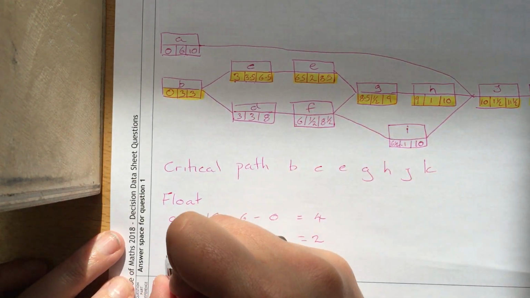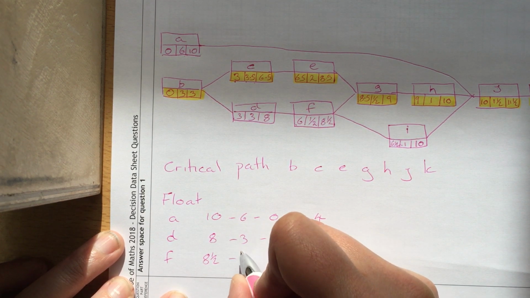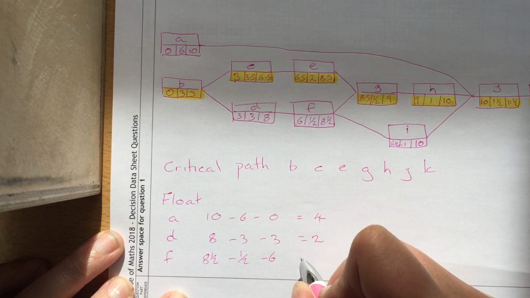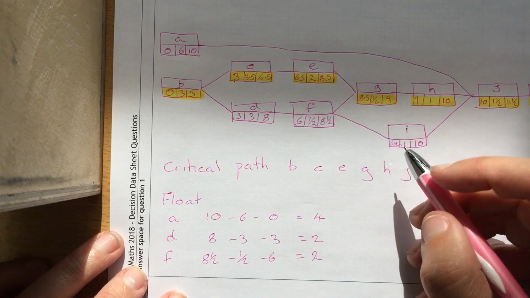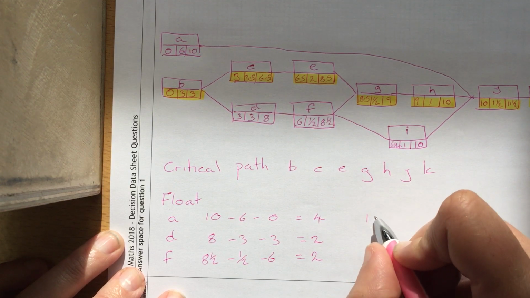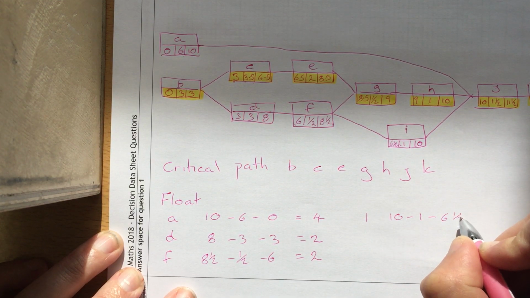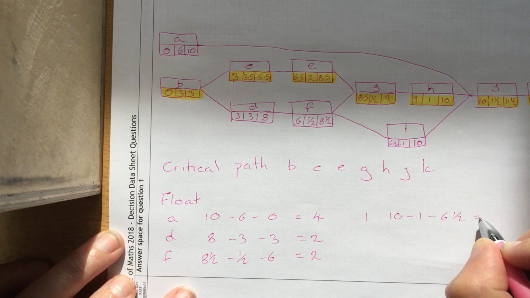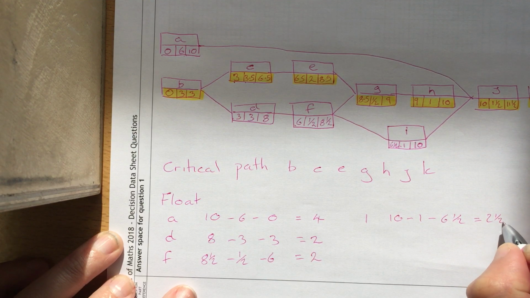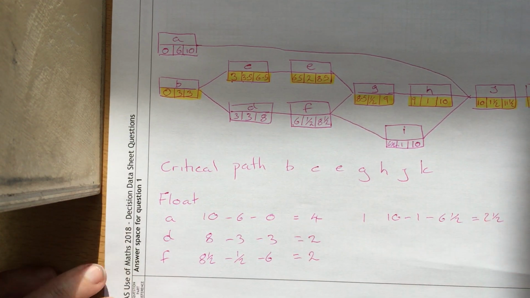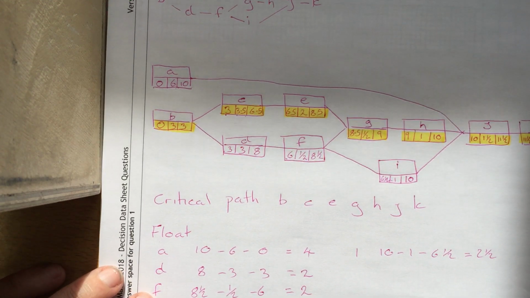For F, we've got 8.5 take away a half take away 6, which is also 2. And for I, we have 10 take away 1 take away 6.5, which is 2.5. So that's our float. In reality, in an exam, you're unlikely to be asked for all of them. You're likely to be asked for one.